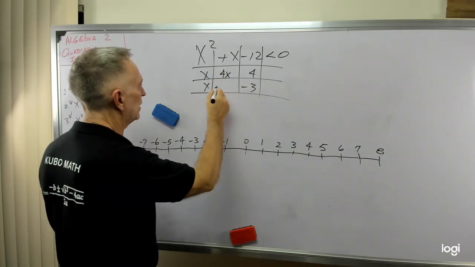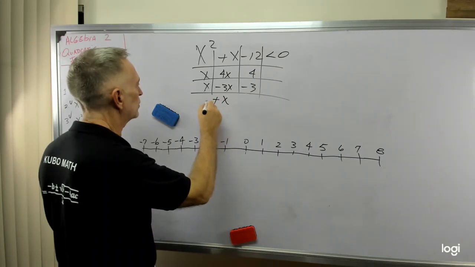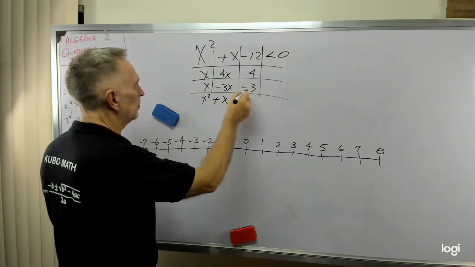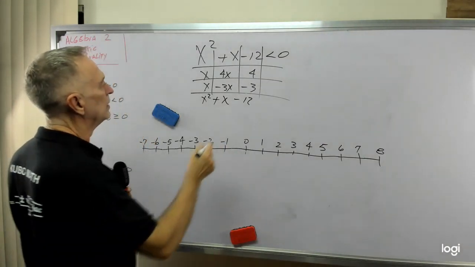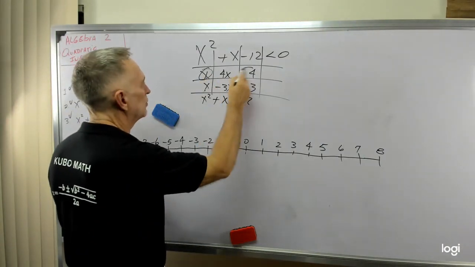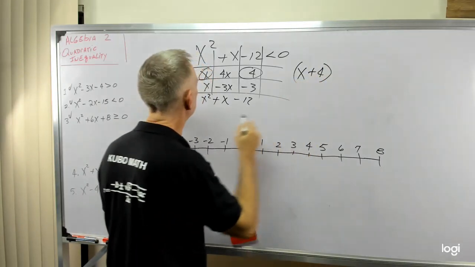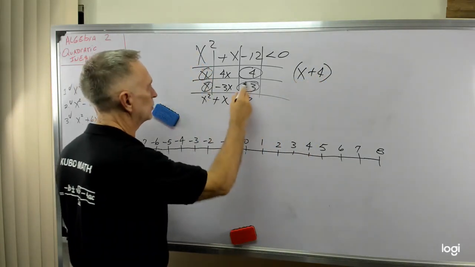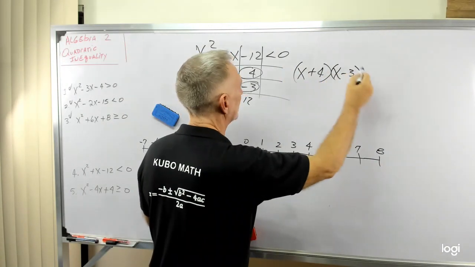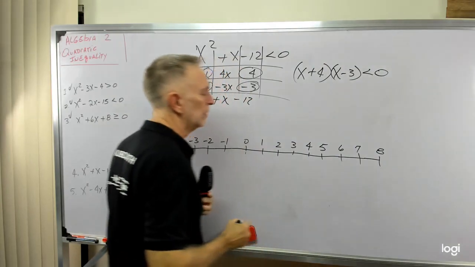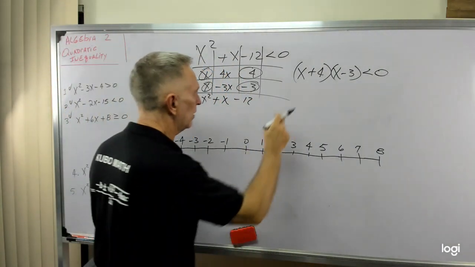X times -3, -3x. Add those, that's a positive x. X to the second power minus 12. That all works out. X plus 4, x minus 3 is less than 0. But again, we're going to assume it equals 0 for now.